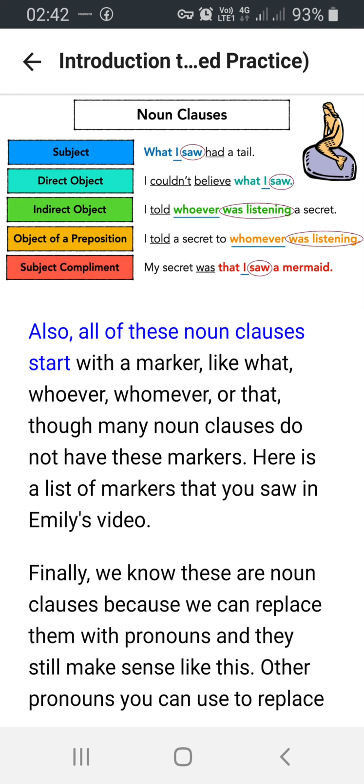Also, all of these noun clauses start with a marker, like what, whoever, whomever, or that, though many noun clauses do not have these markers.